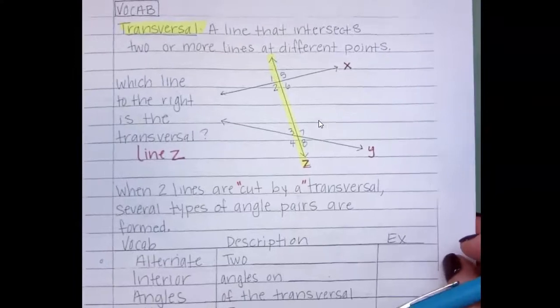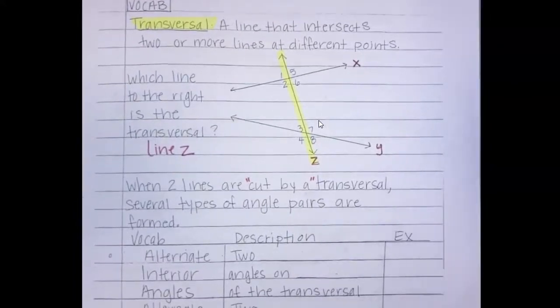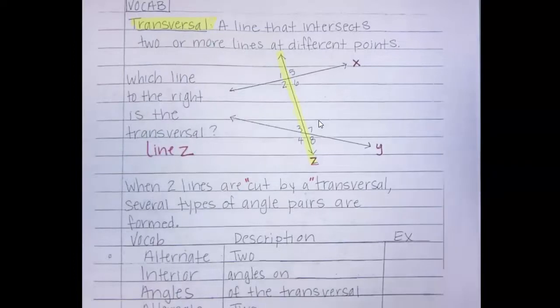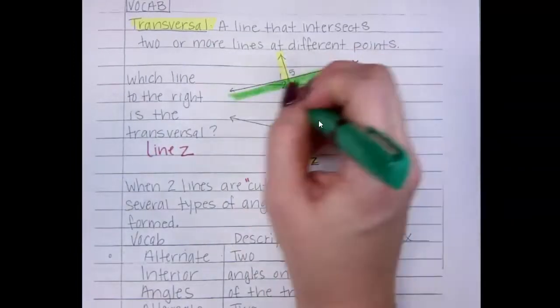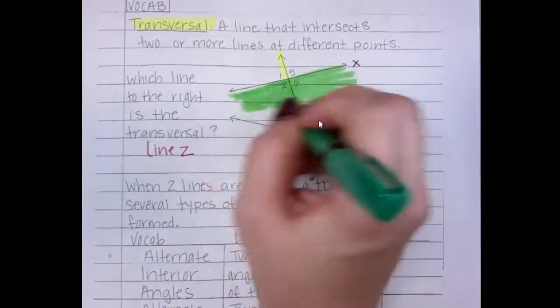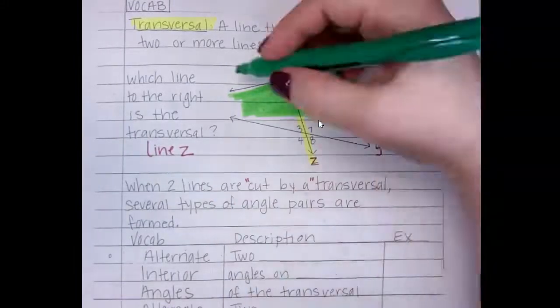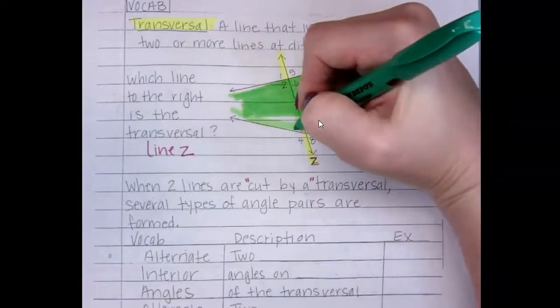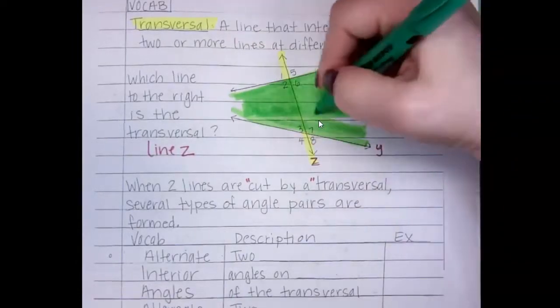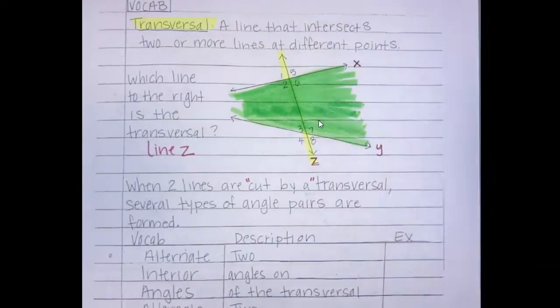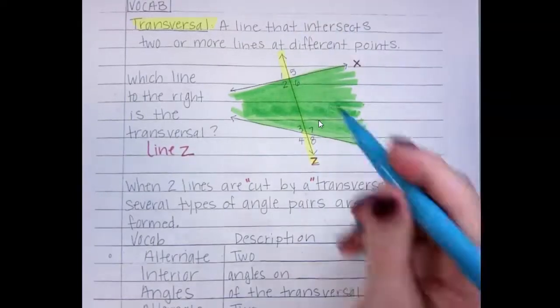So let's clarify what we mean by interior versus exterior. Okay, so when we say interior, we mean things that are in between the two lines. This is what we call interior. So right now we have 4 interior angles.